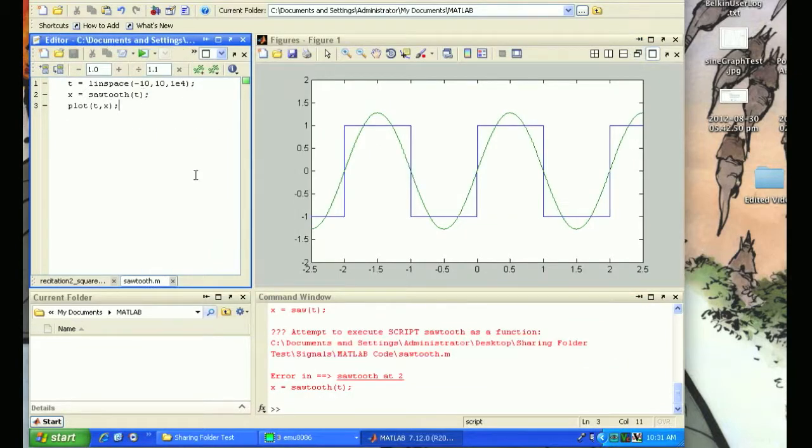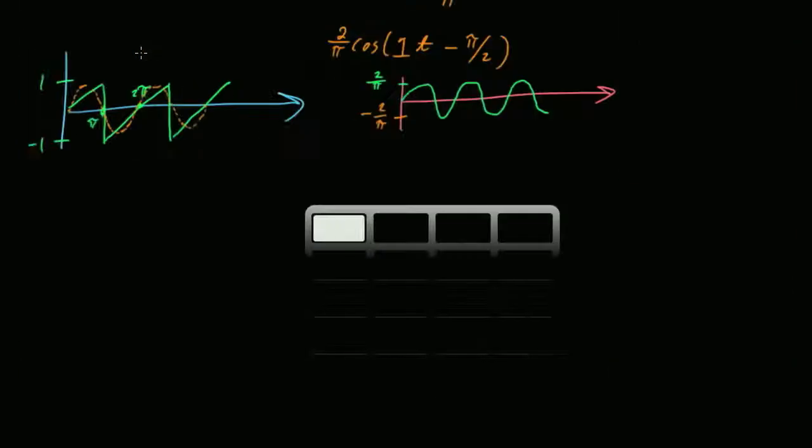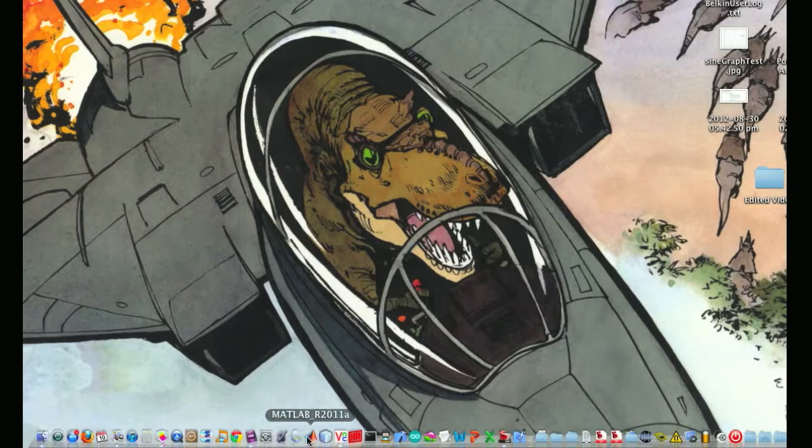What does hold on do? If I don't do hold on, then the new plot would obliterate the old plot. If I first plotted the blue signal, and then plotted the red signal, the blue signal would disappear. But if I want them plotted on top of each other, I issue the hold on command, and then it'll just keep plotting them on top of each other.